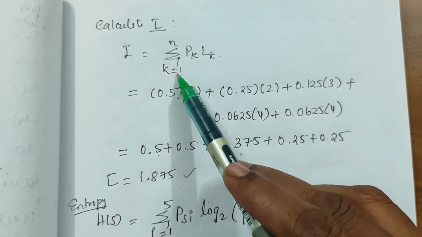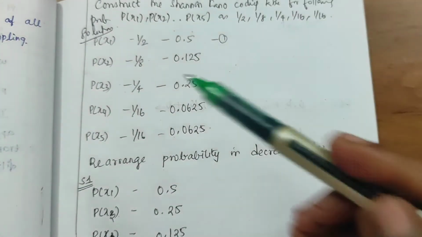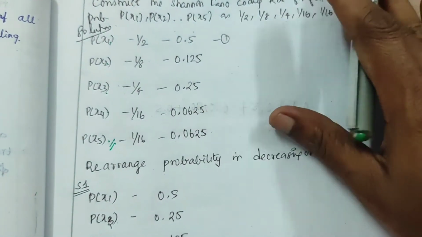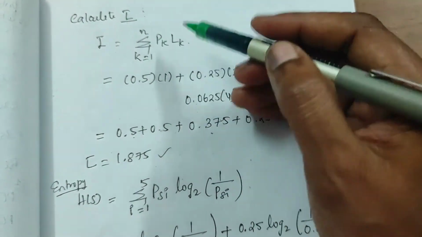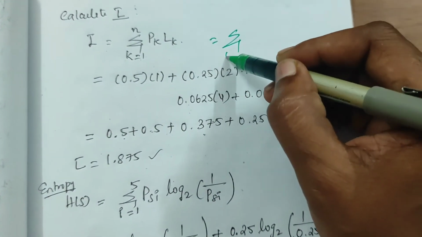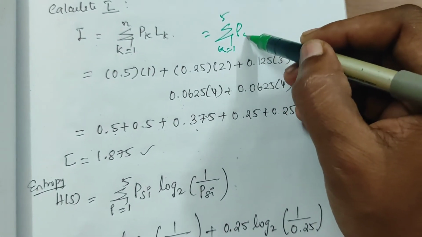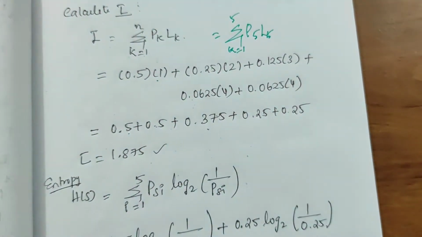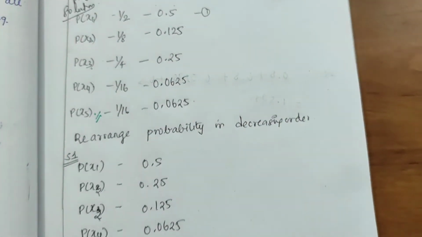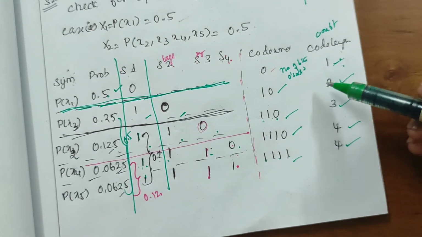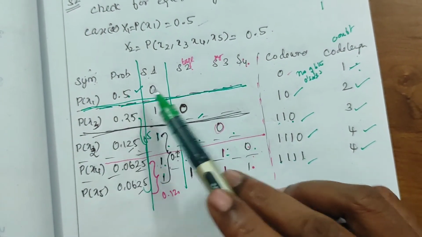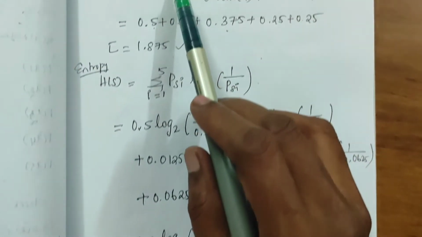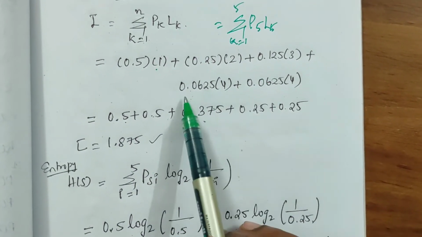Here k is the number of symbols given, which is 1, 2, 3, 4, 5, so k ranges from 1 to 5, up to P5 and L5. For each symbol we have identified the code length, so for P of x1 the code length is 1. Substitute the code length, multiply it and add.